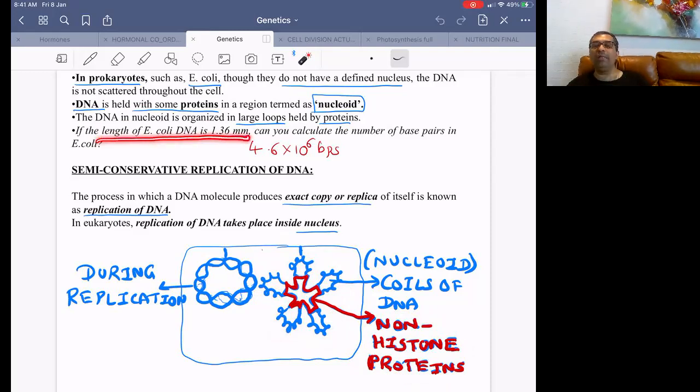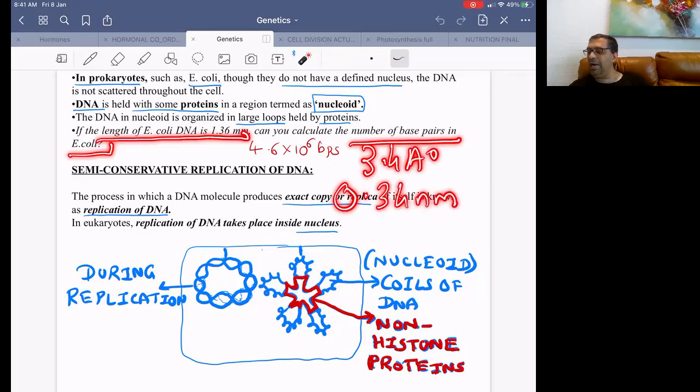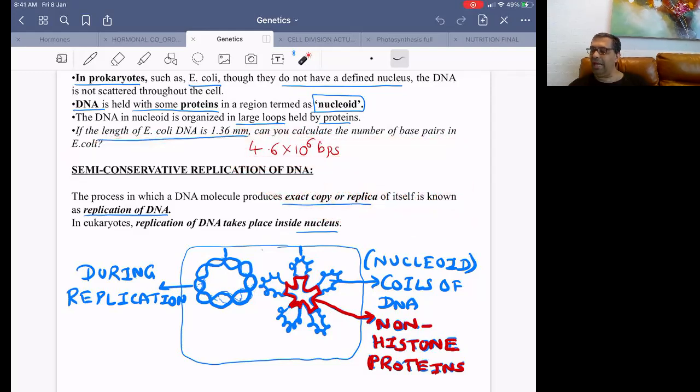And so, if the length of the E. coli DNA is 1.36 millimeter, can we calculate the number of base pairs in the E. coli? If you remember, one base pair is 3.4 angstrom units or 0.34 nanometers. We had done that in the lecture before. E. coli has 4.6 into 10 raised to 6 base pairs, multiplied by 0.34 nanometer, which turns out to be 1.36 millimeter.